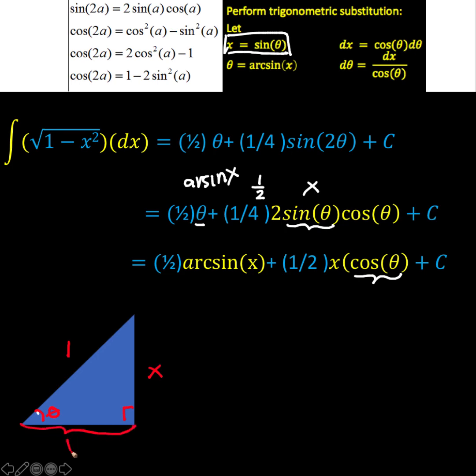And that is the square root of 1 minus x squared. So since we know the length of this side from the Pythagorean theorem as the square root of 1 minus x squared, then the cosine of this angle theta must be the square root of 1 minus x squared over 1, which is simply the square root of 1 minus x squared.